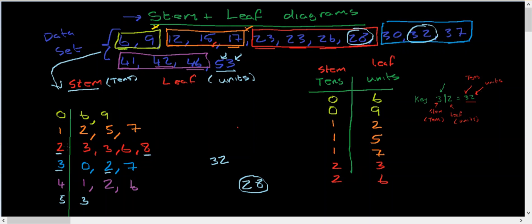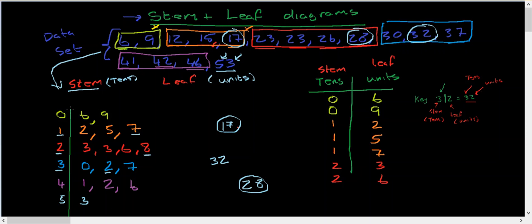If we think about this number here, 1 and 7, what does that represent? The 1 represents the 10s and the 7 represents the 7s, so that's 17, which is a number on our data set. Really, these are almost like a histogram to a certain point.